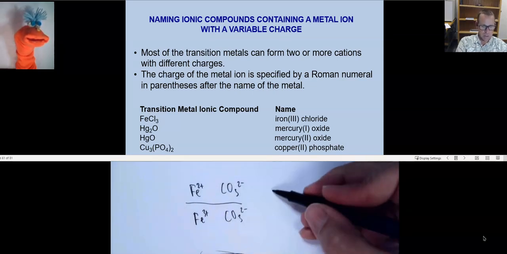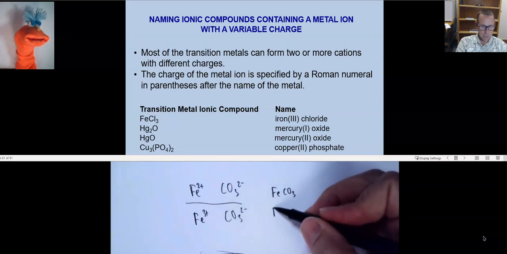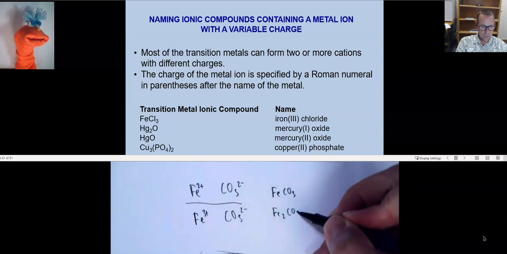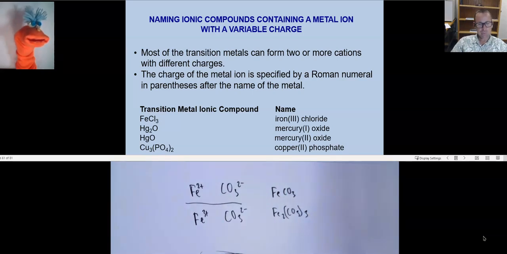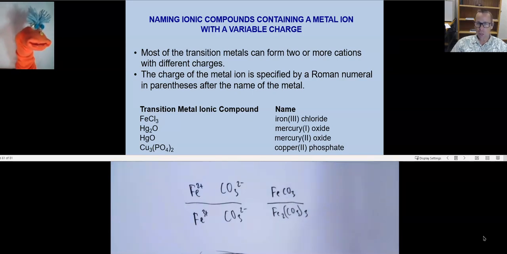This resulting compound is going to be iron carbonate, and this one is going to be Fe2(CO3)3. Right? Did I do that right? Yeah, that's right. Okay, so these are two different iron carbonates.